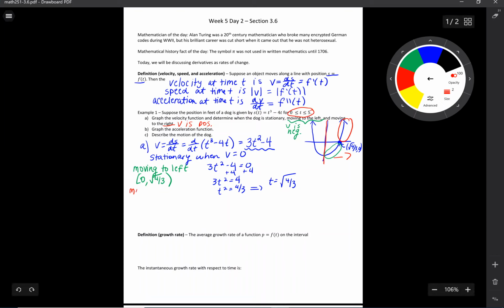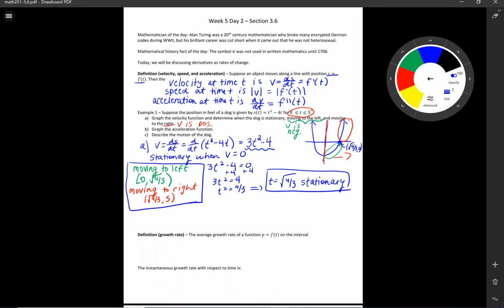So then I'm moving to the right, from square root of 4/3 all the way up to 5. And this t equals square root of 4/3 is when I am stationary. All right, so that is part A.